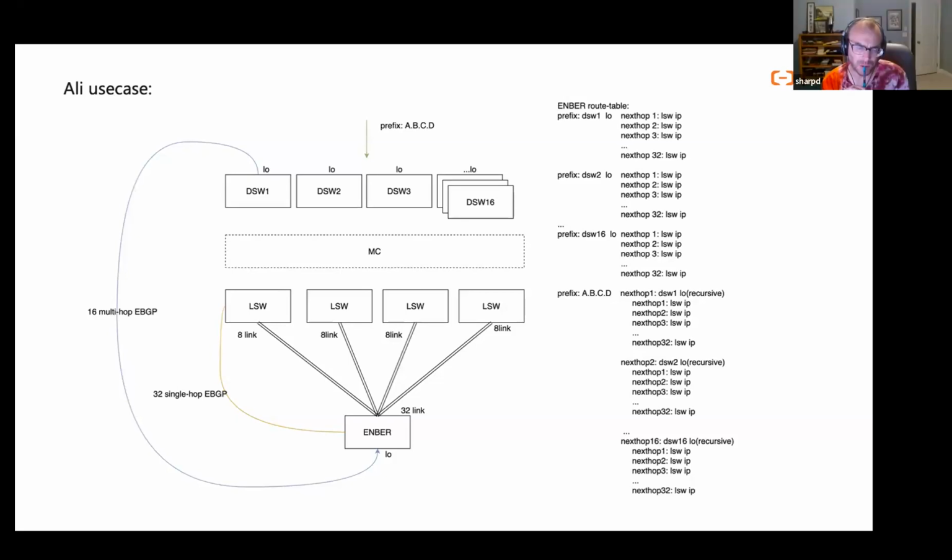Yeah, I haven't spent enough time thinking about it to really give you a good answer here. This is on the global table, a very typical global BGP over global IGP use case.